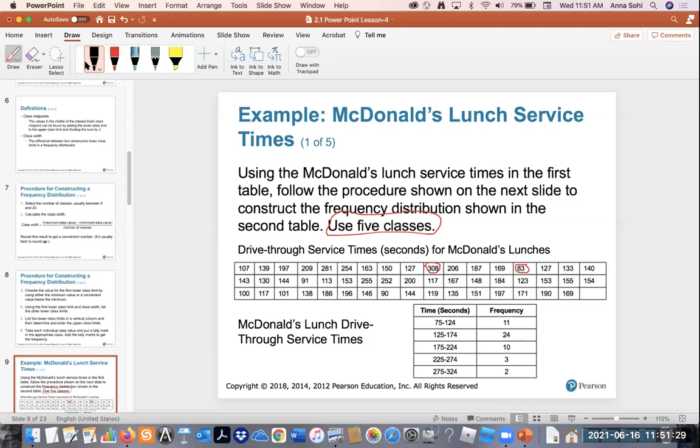Okay. Now you want to find the class width. So remember, 83 is the minimum, but they started from 75. Why? Because of the convenience of a number. You could have started from 83, from 80, or from 75. You can start from any number you want, but do not go far from 83.